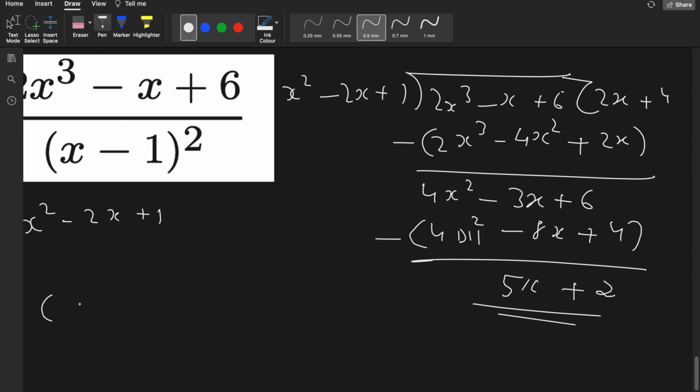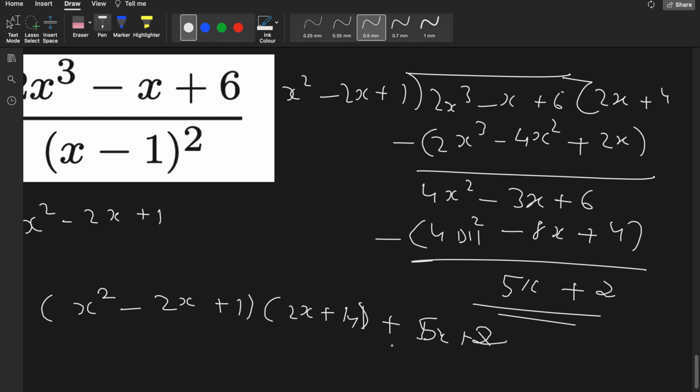The polynomial is the divisor into the quotient plus the remainder.